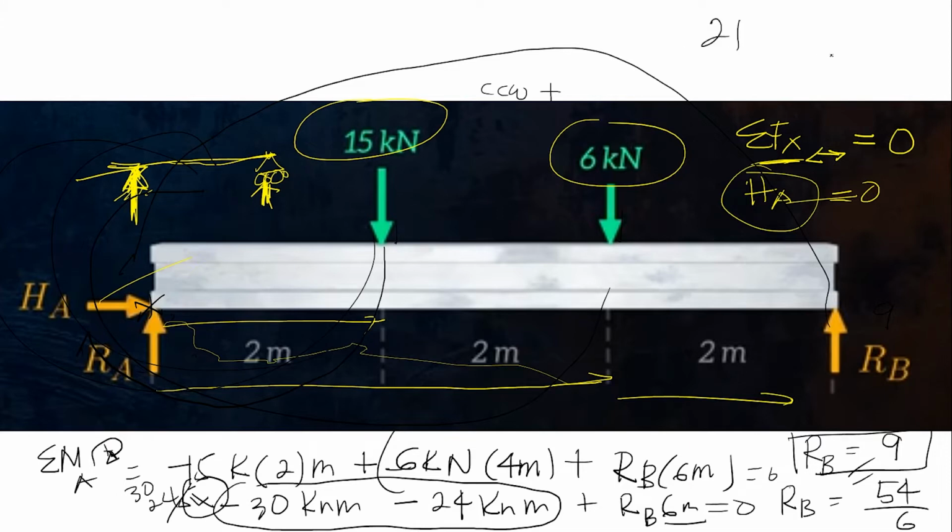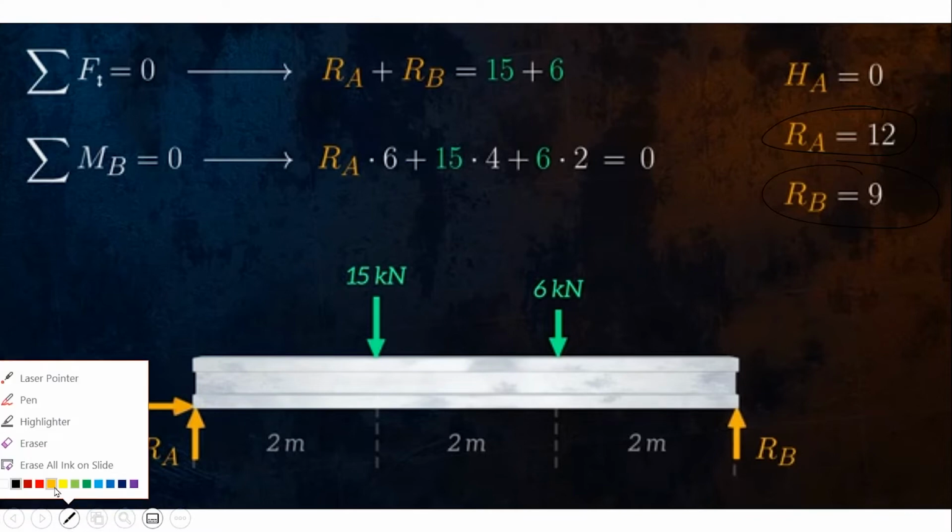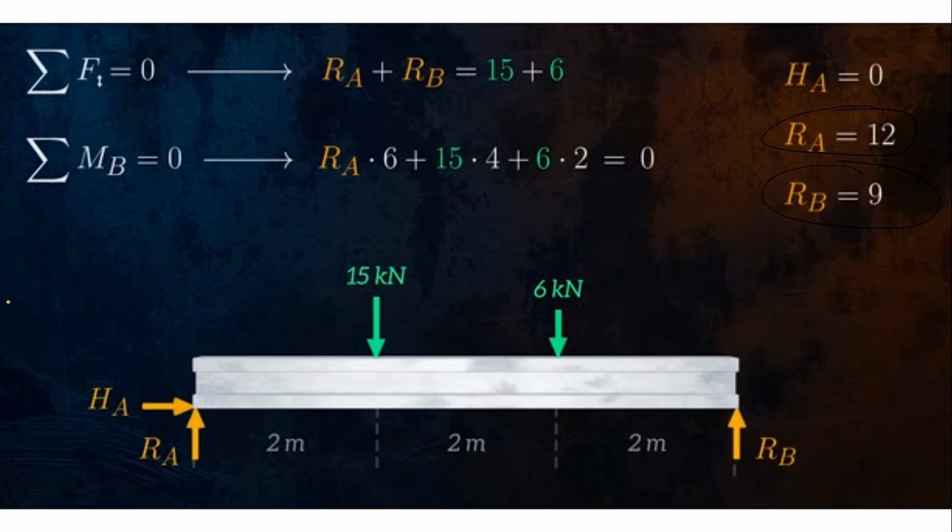And this is 9. To reach 21, how much do you need? 12, sir. You need 12 to balance. So that's right, no? But we can also solve that with a summation of forces. That is purely observation, but we could solve it with the summation of forces.